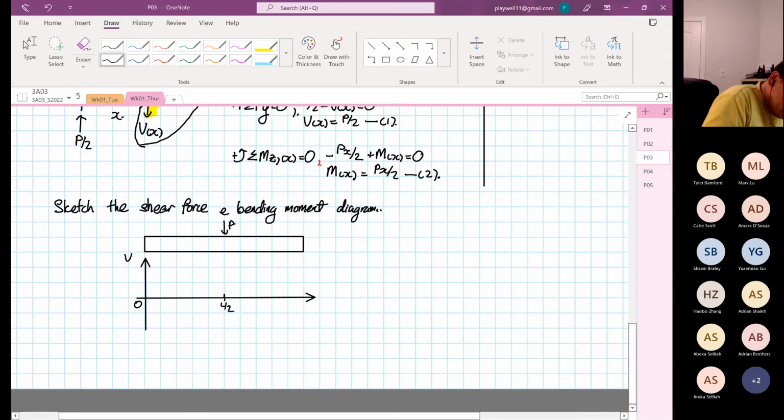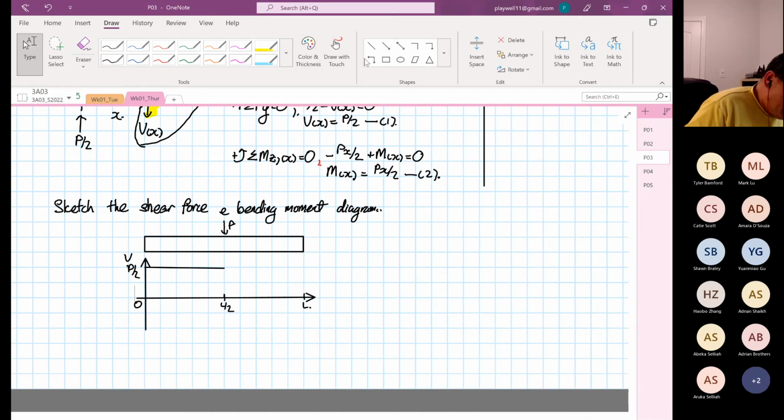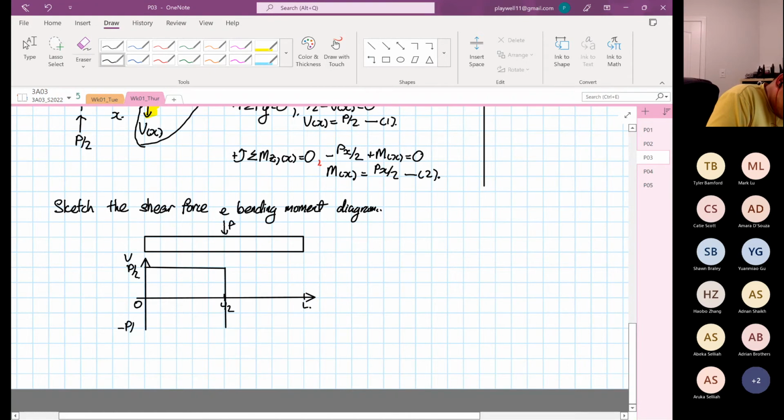This is our L/2. And this is our L. We know that from 0 to L/2 it's a constant, and this is P/2. And then at point C, the diagram will come right down, and it will come to minus P/2.